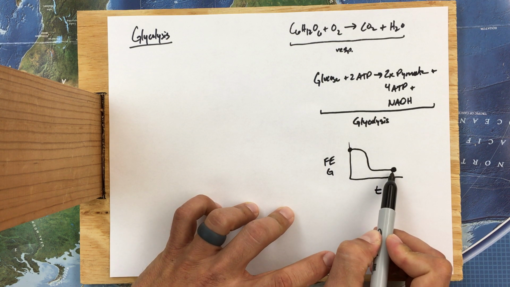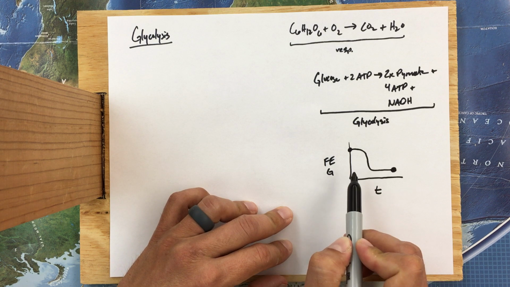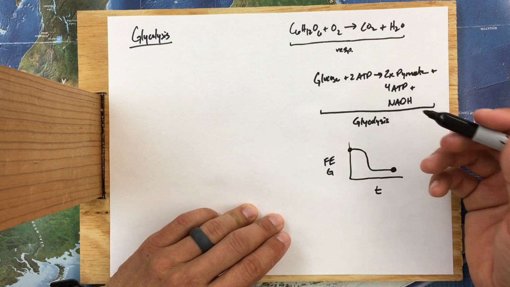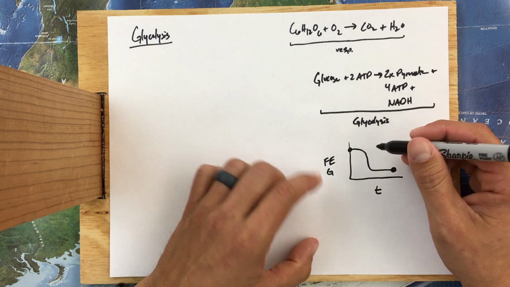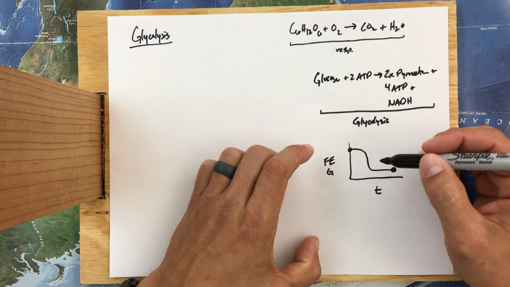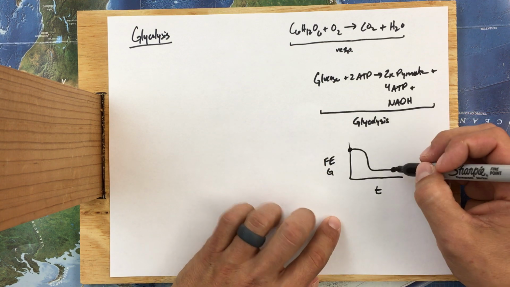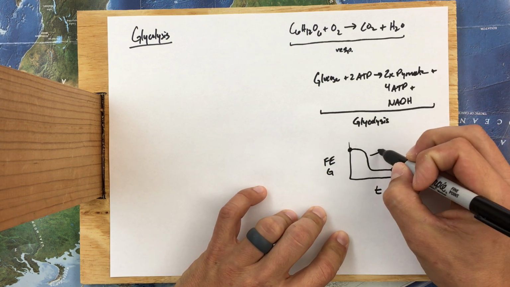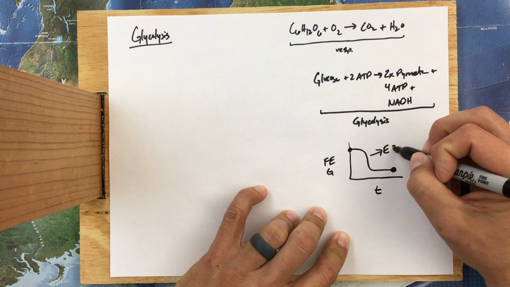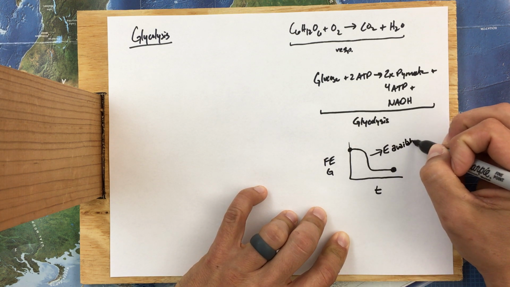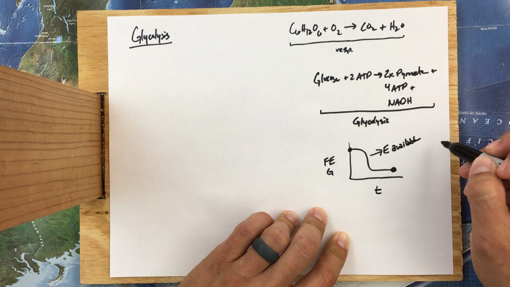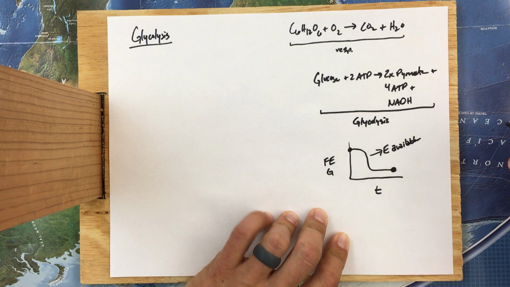This molecule has less free energy because it is more stable. So every time that we do one of these reactions, whenever we break these bonds and go to a smaller molecule, the reactants have more free energy than the products. And so because there is less free energy available inside of that molecule, that means that energy was released to the system. And that energy that has become available can be used to drive endergonic reactions, the ones that go uphill and let us make new molecules.